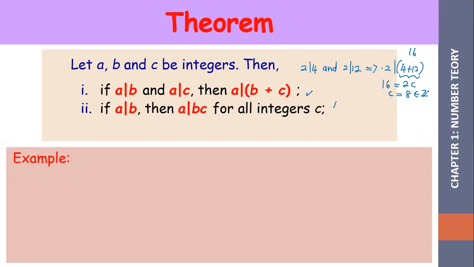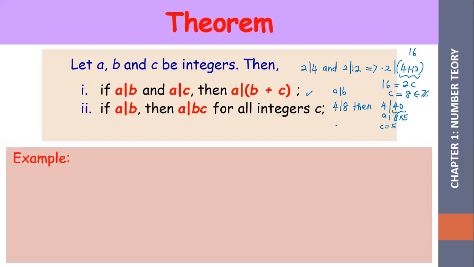So if A divides B, then A divides BC for all integer C. For example, 4 divides 8, then 4 divides 40. This one is A, and B is 8. 8 times 5, so your C is 5.